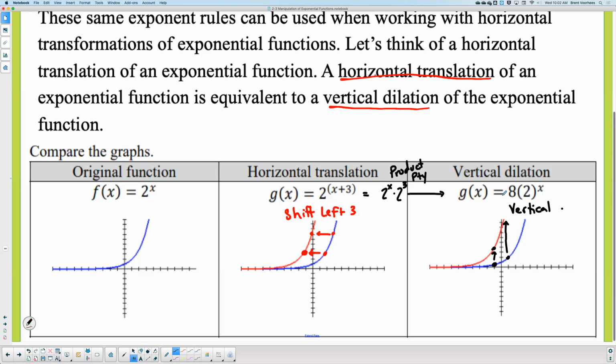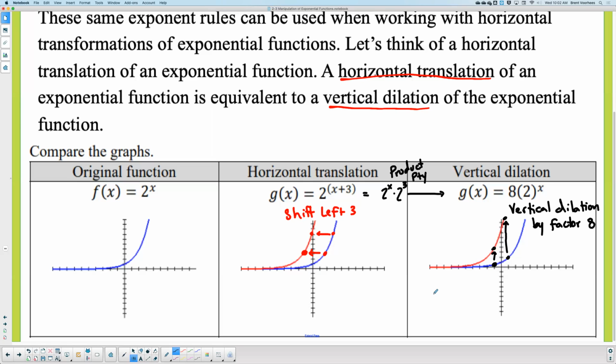This is a vertical dilation, which means multiply. Vertical dilation by factor 8. Every y value got multiplied by 8. That's what happened this time, and it produces the same graph, because those properties are equal to one another.